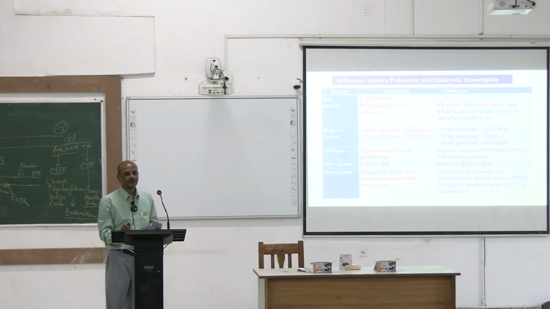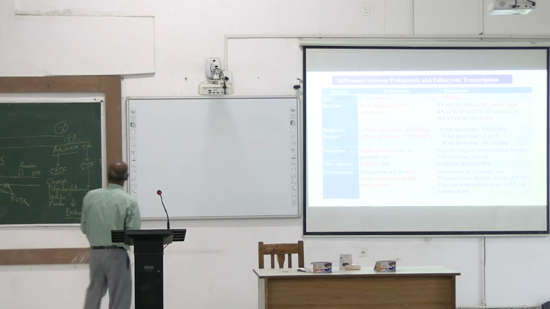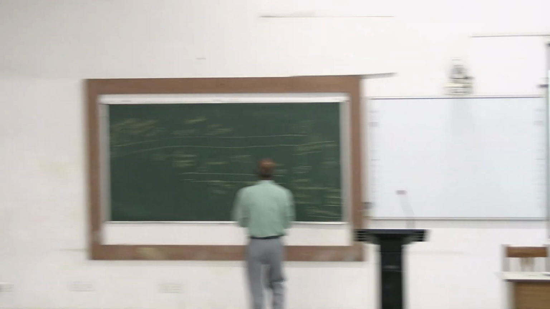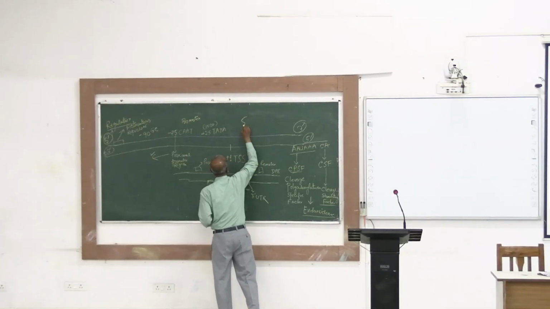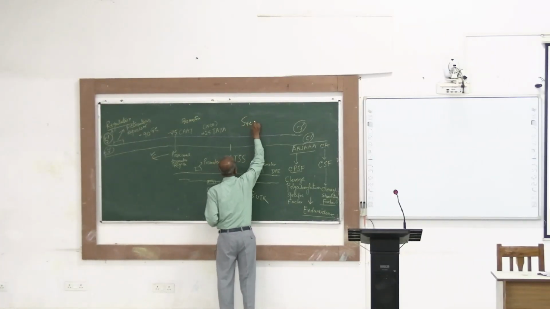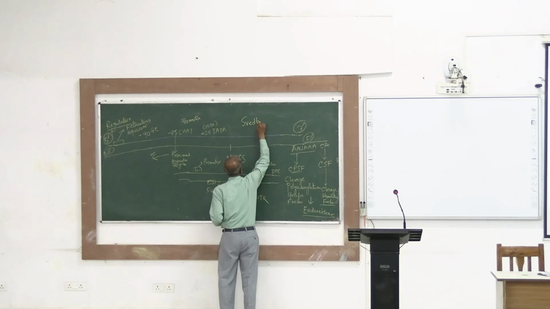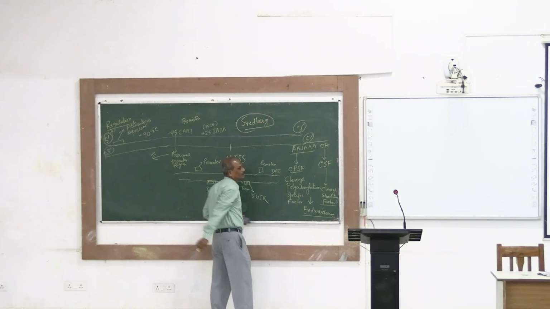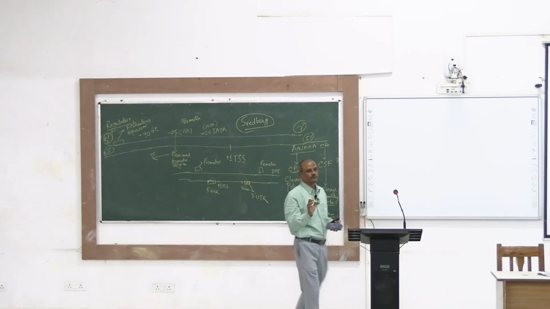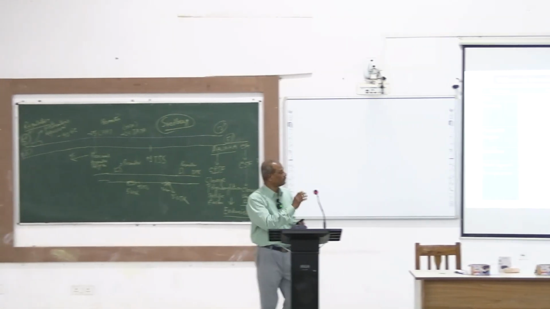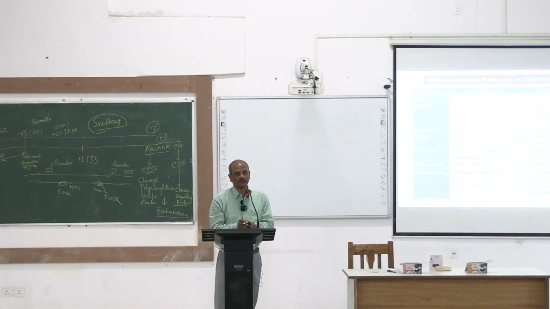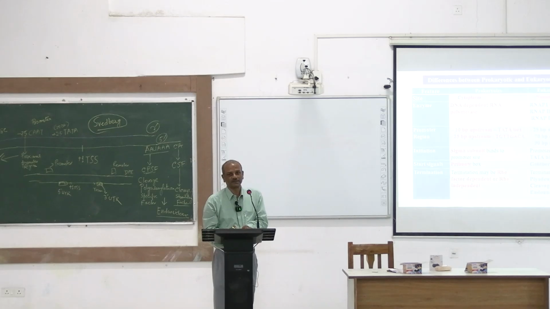S means Svedberg unit, SVED, Svedberg unit. Write down. I will show you one slide. This is basically when a ribosomal ribonucleic acid is centrifuged based on its density in a high speed centrifuge.